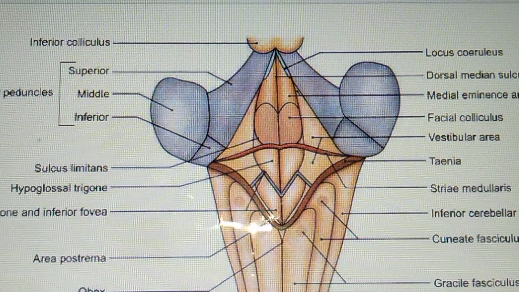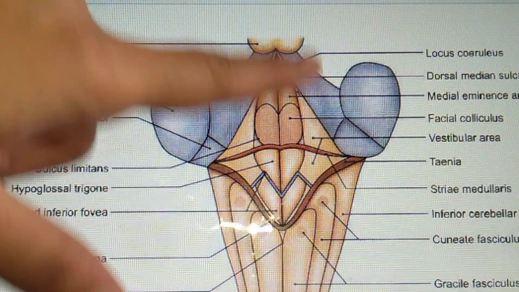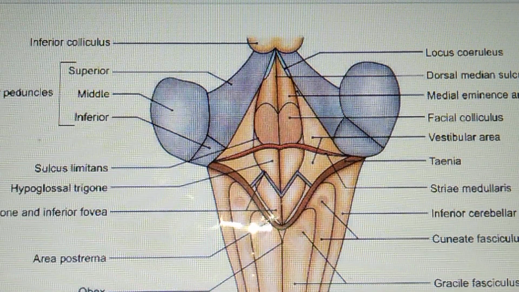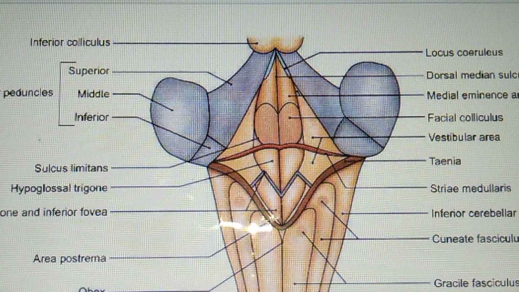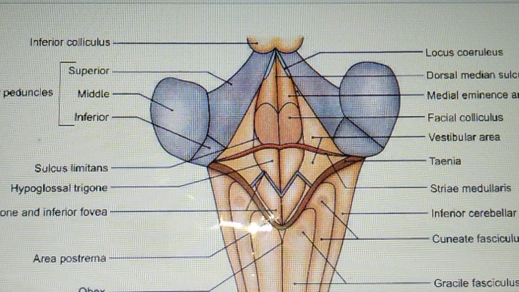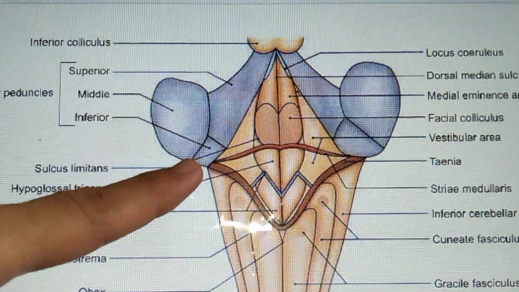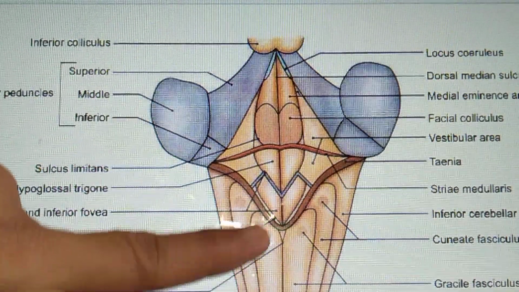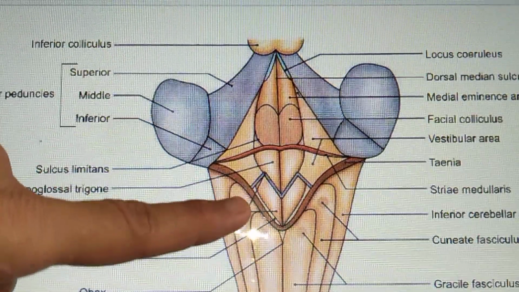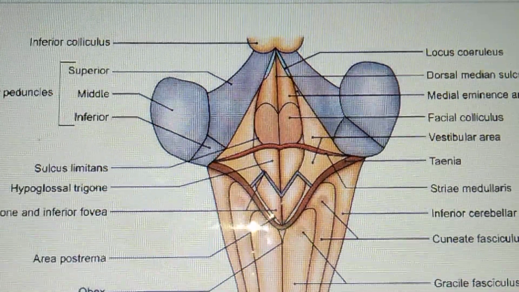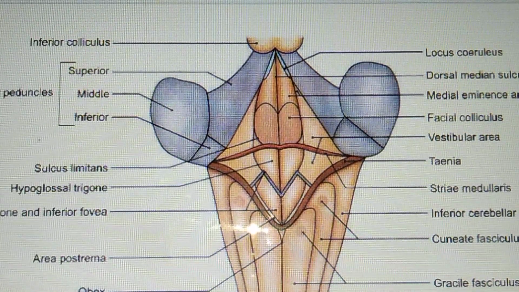As it is tent shaped, the boundaries are inferolateral and superolateral, as we have seen in the popliteal fossa. In the superolateral it is only the superior cerebellar peduncles forming the boundary, and inferolaterally the gracile tubercle, cuneate tubercle, cuneate fasciculus and the inferior cerebellar peduncles. So that will form the boundaries.